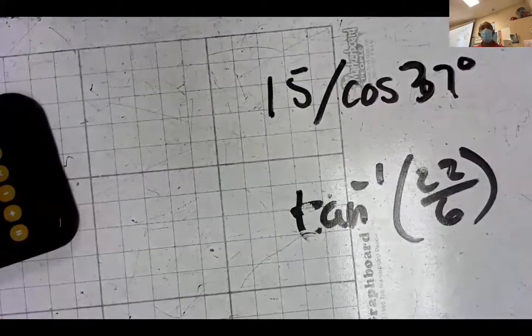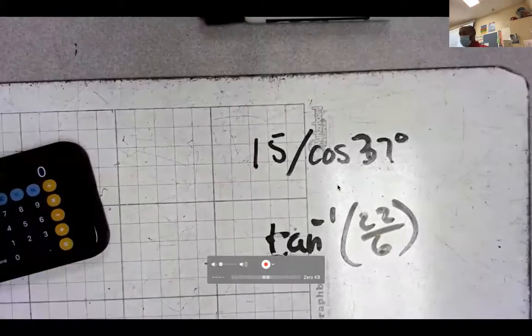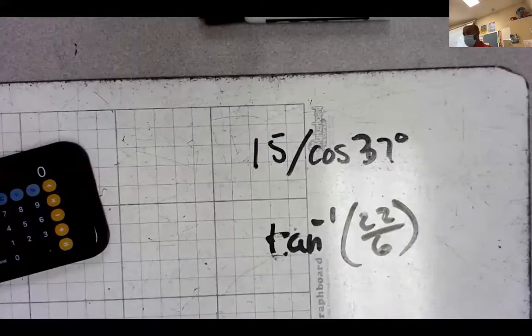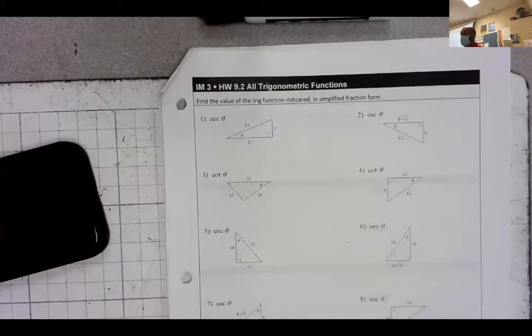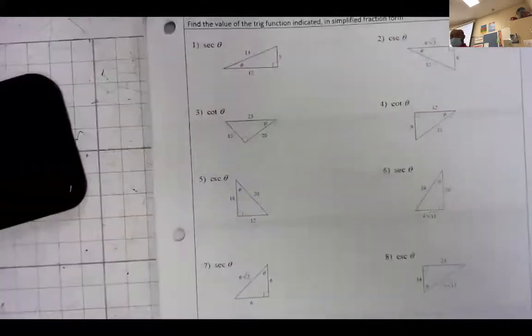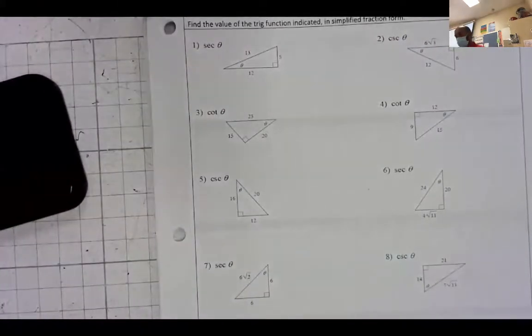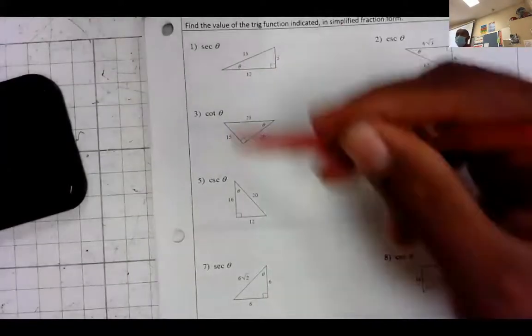Last thing, I just want to go over some things in the packet to help you guys out. If you want to take those out, section 9.2. The first 6 problems that you do on here, you are just using the basic ratios.